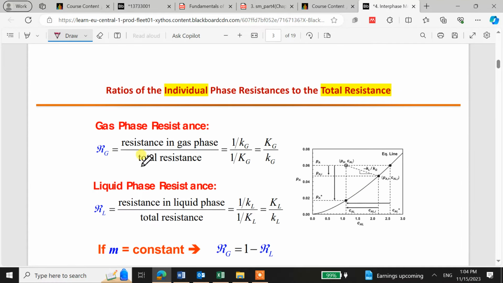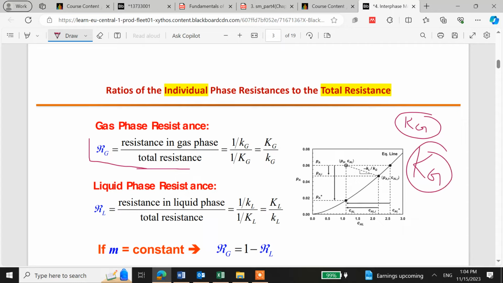One important thing here: resistance in the gas phase and total resistance. When it is resistance in gas, we will use kg, the mass transfer coefficient in gas, and then capital KG, the overall mass transfer coefficient. The inverse of this is resistance.